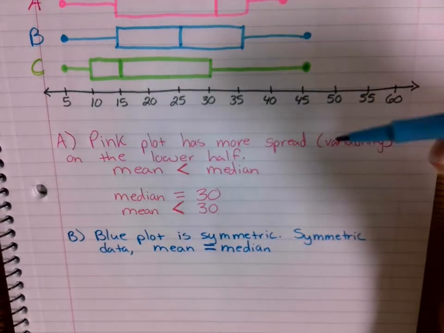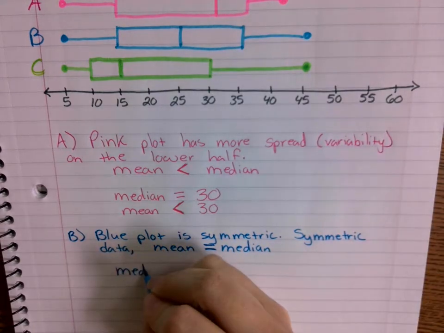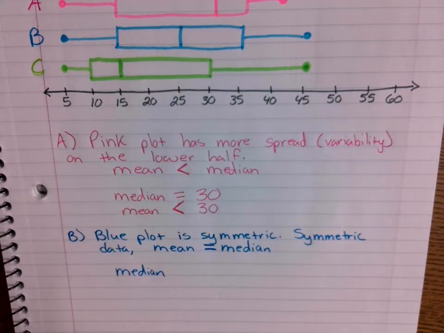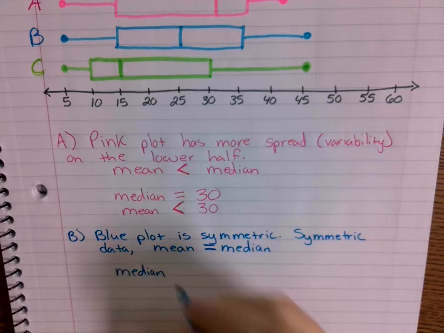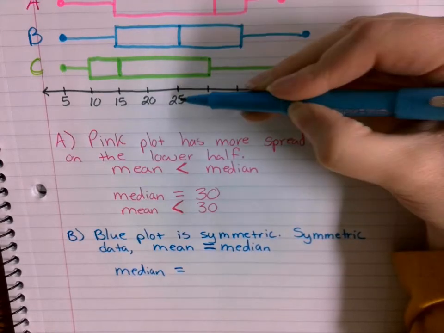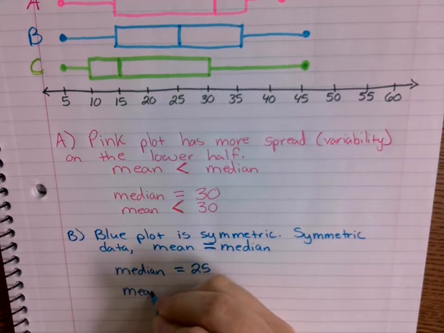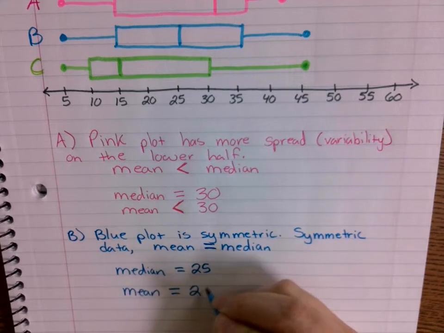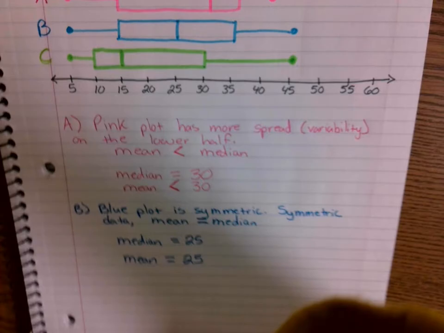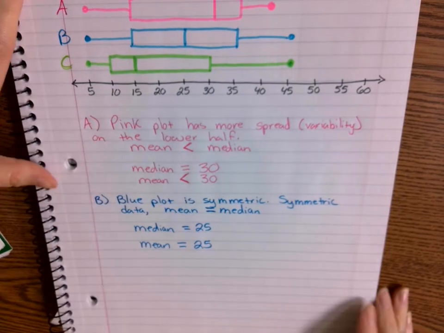So I know in this case, what is the median of the blue plot? 25. See here's my median line, my median equals 25. That means the mean is also going to equal 25. This is the only time that you can tell what the mean is on a box and whisker plot, only if it is symmetric.